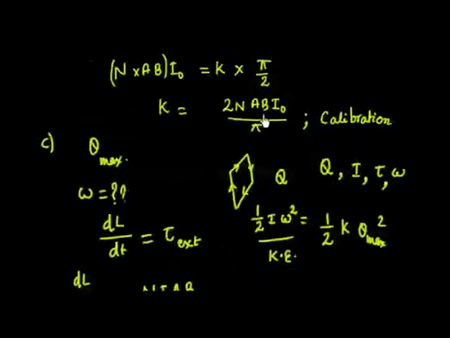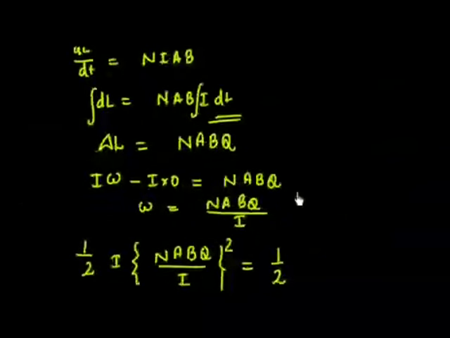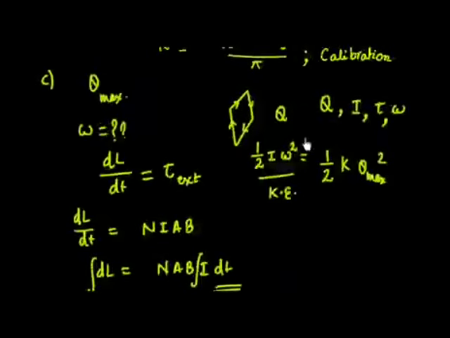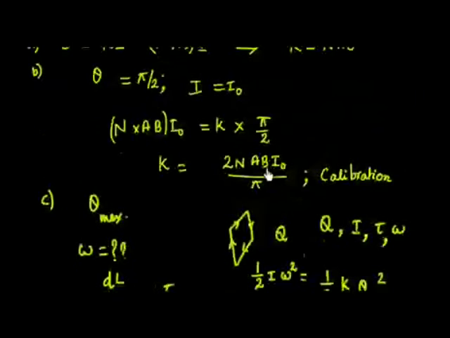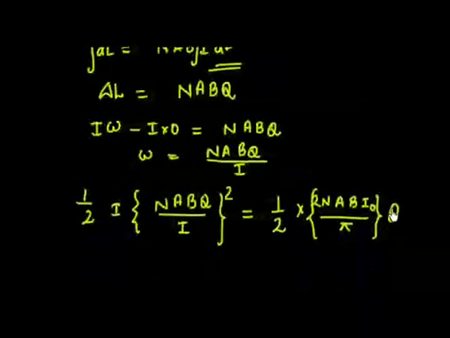K is 2 NAB I naught divided by pi. So you check here, 2 NAB I naught divided by pi. So this is half K theta max whole square.